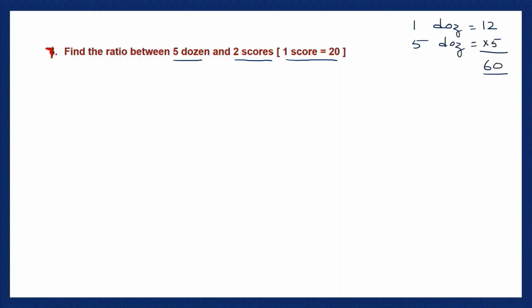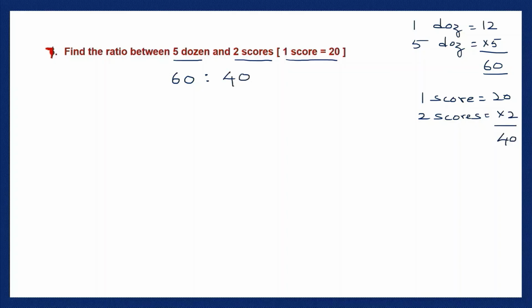Okay, so we'll write this as 60 here is to 2 scores. 1 score is 20 as we can see. So therefore 2 scores will be 20 into 2, which is 40. So we've got the second number also.